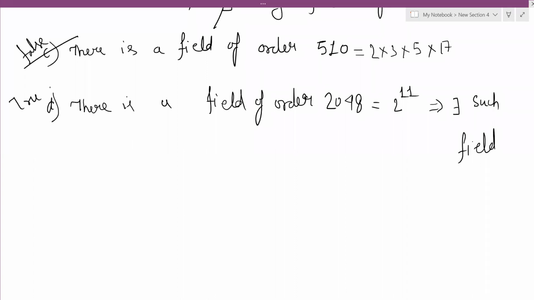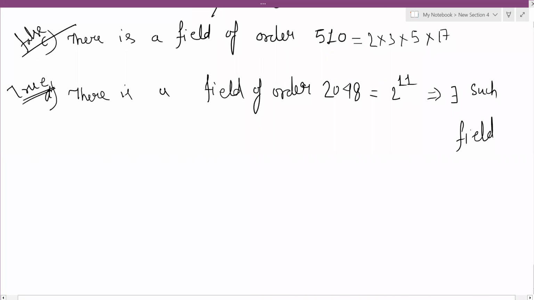They say the primitive pth root is e power 2 pi i by p. That I will tell you in the third question on the next assignment, because this question I will do with you.